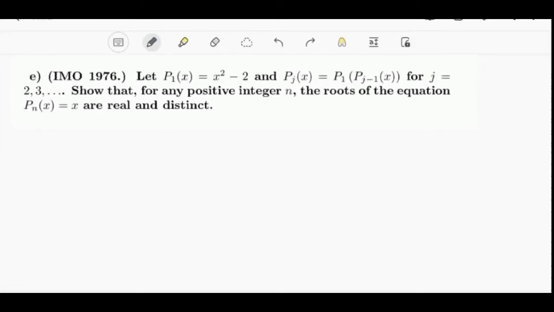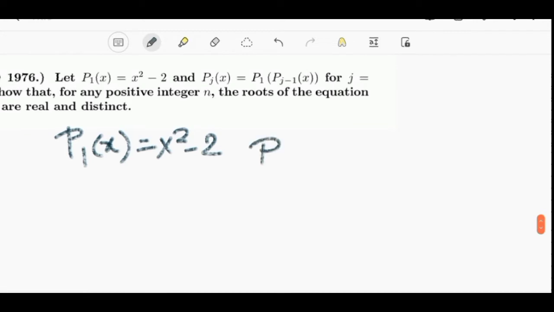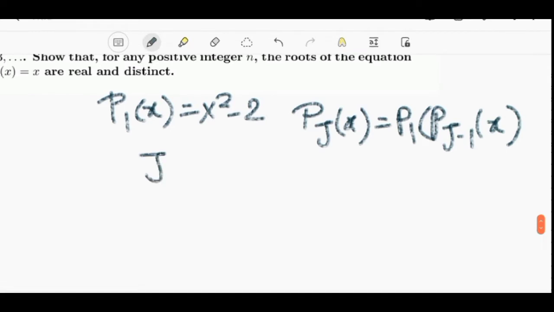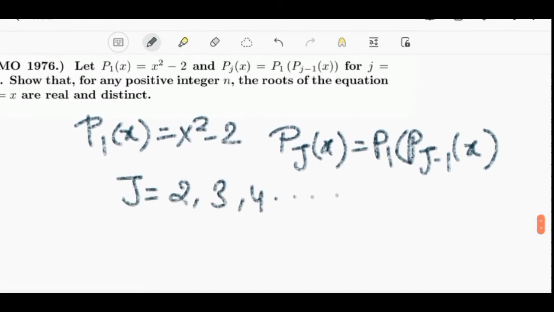So here we got a nice IMO 1976 polynomial problem, and the problem is that we are given P1 of x equals x squared minus 2, and Pj of x equals P1 applied to P(j-1) of x, where j starts from 2, 3, 4 and so on.